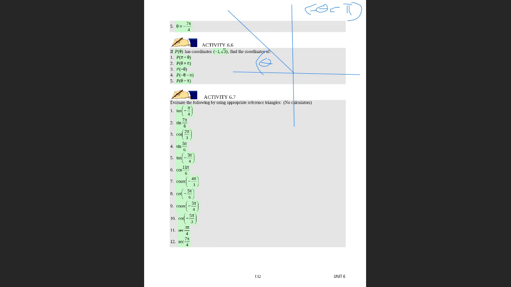Then we will bring the minus out. We are going to get theta plus pi. So theta plus pi, when we add pi, it will go in the clockwise direction. So it's going to come here. So here is theta plus pi.